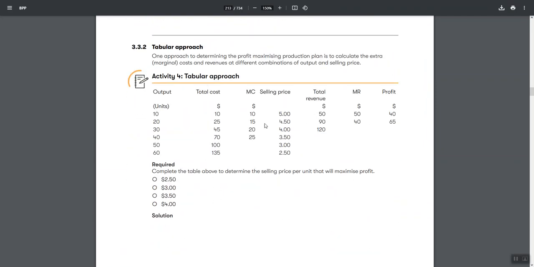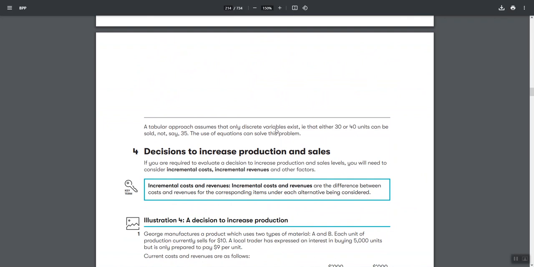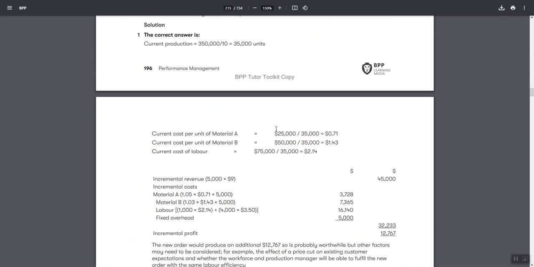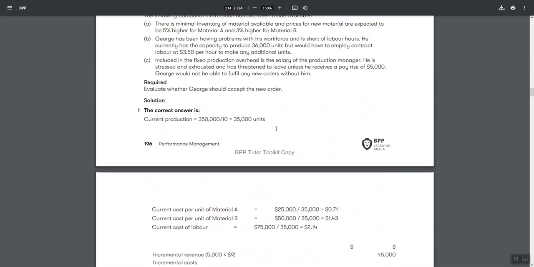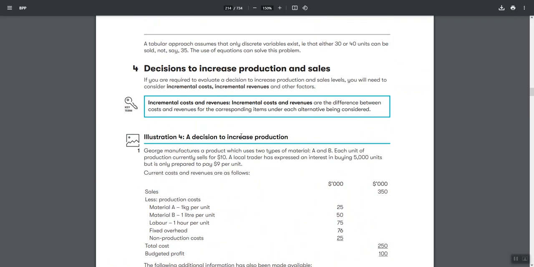So they have shown that in the tabular format here to explain the idea. Look at that, you don't have to calculate it. And then something else here is a decision to increase production and sales.